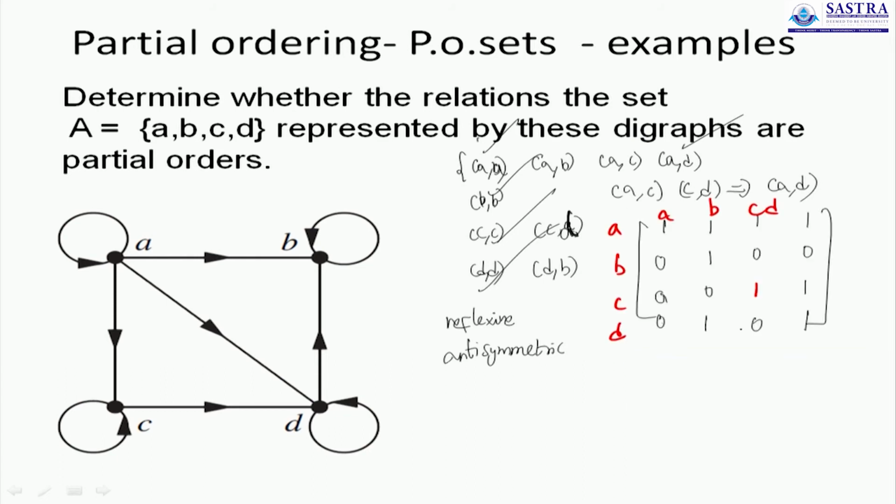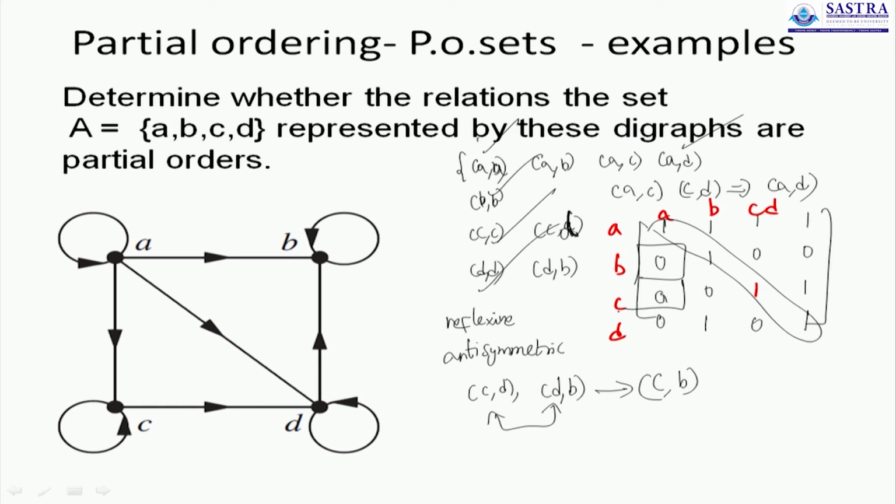Now, can we call this relation a reflexive relation? Yes, if you look at the diagonal, you see there is a 1 everywhere. So A, A, B, B, C, C and D, D are actually present. The problem is we have the pair C, D and we have the pair D, B. These two overlapping pairs should together imply that another pair C, B is present, but unfortunately the entry for C, B here is absent.